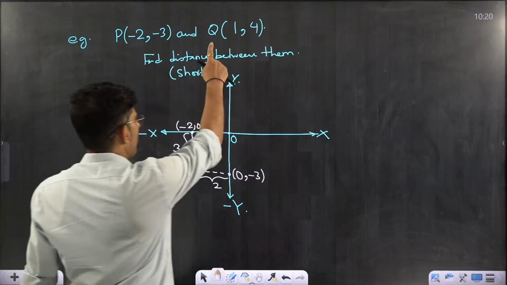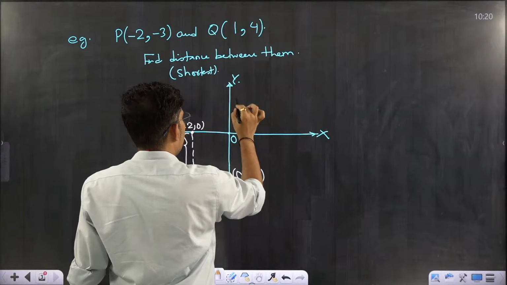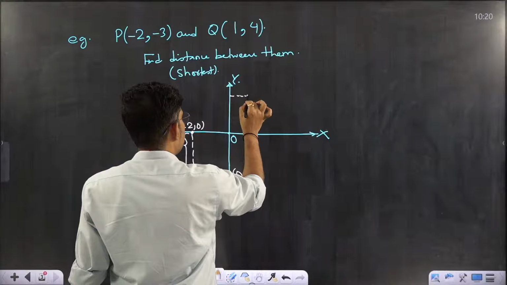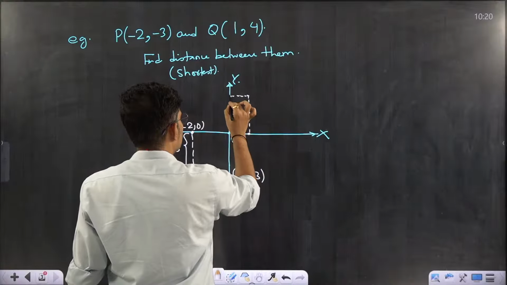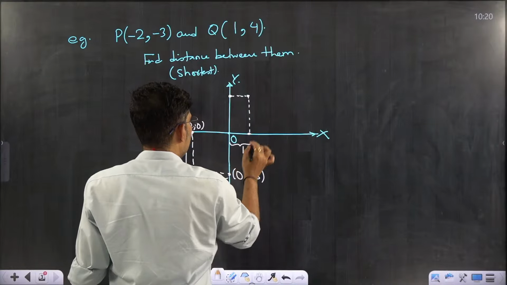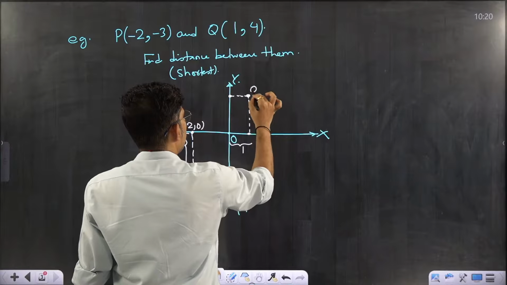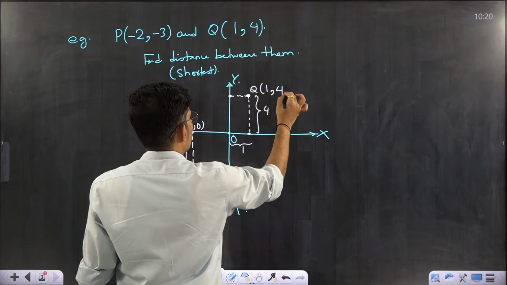Similarly, the point Q is at 1 and 4. On the y axis it is 4 and on the x axis it is 1. So this length is 1, this length is 4. So this is the point Q whose coordinates are 1 comma 4.